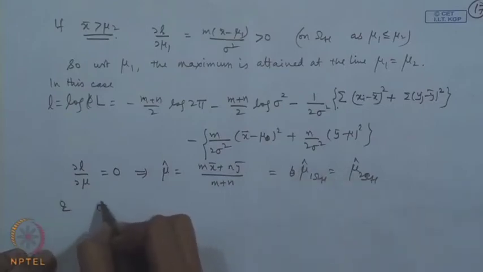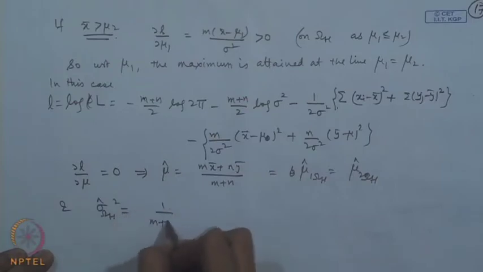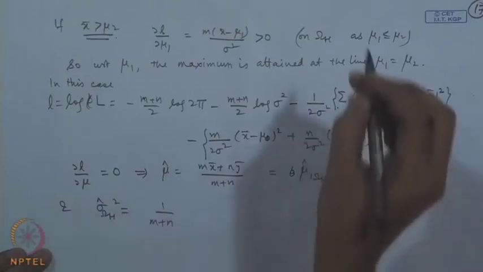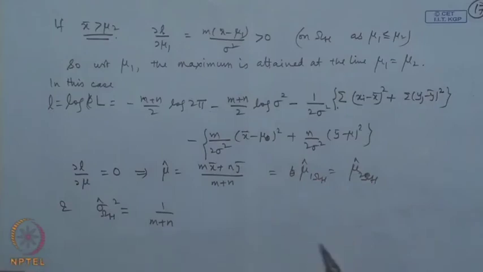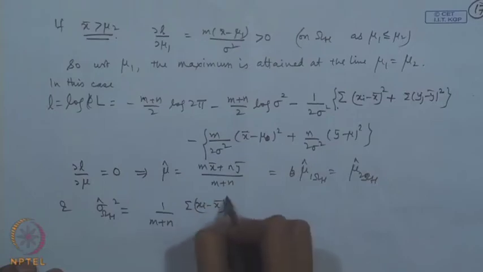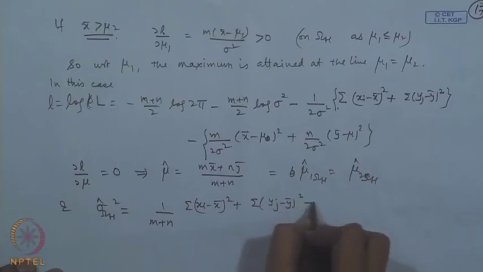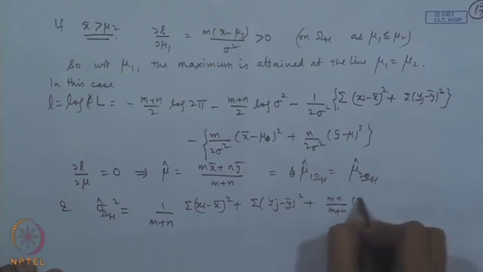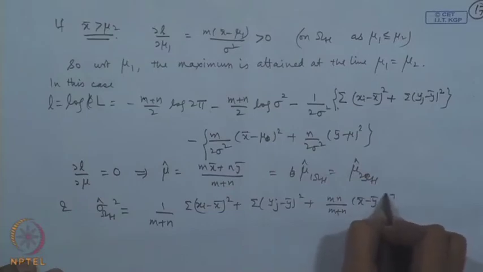And sigma omega h head square we will also get, because there we were getting x i minus mu 1 and y j minus mu 2. So, this will become simply sigma x i minus x bar square plus sigma y j minus y bar square plus m n by m plus n, x bar minus y bar square.